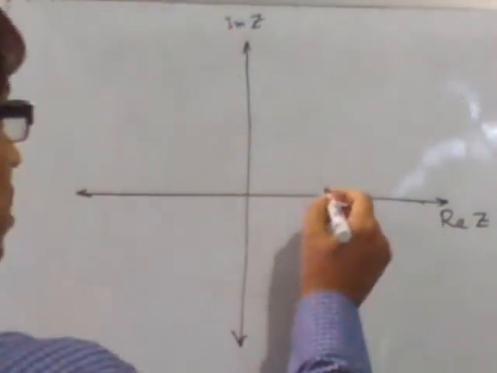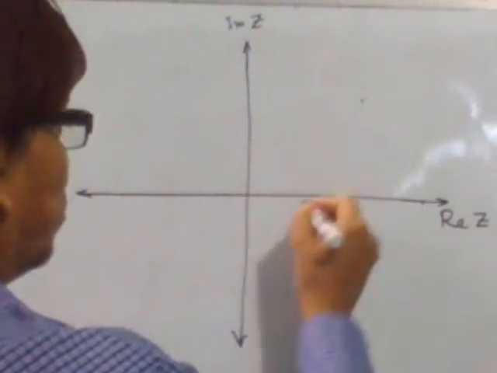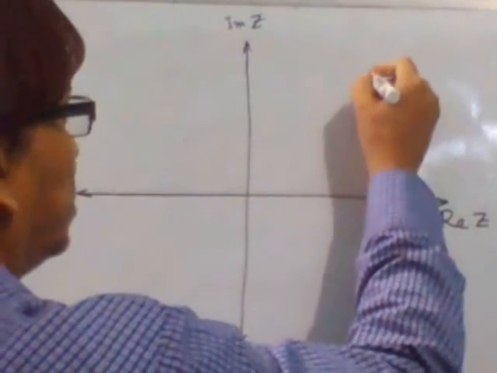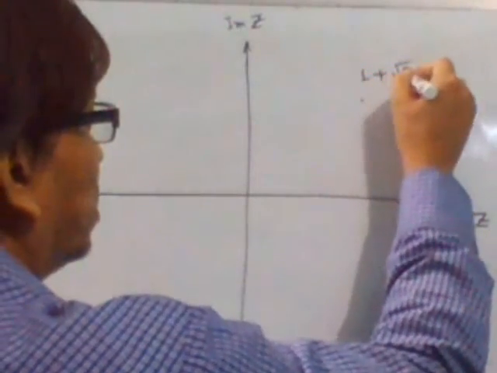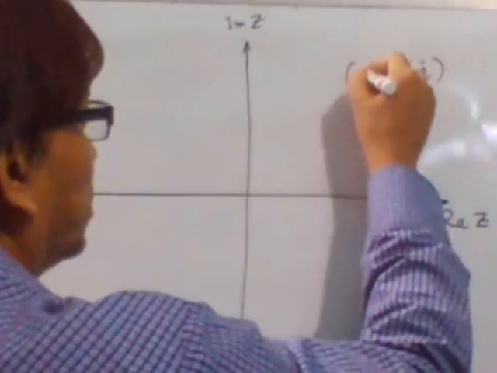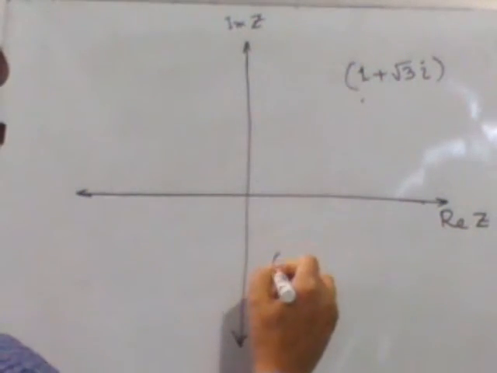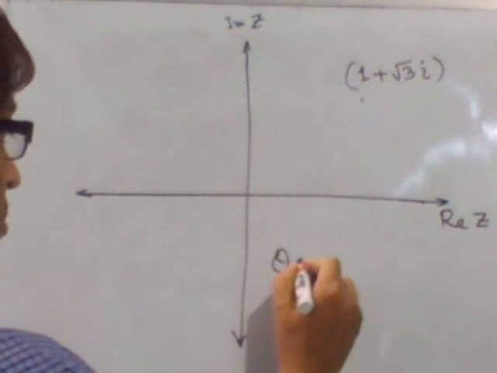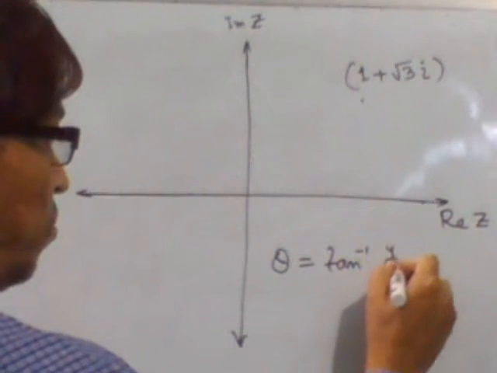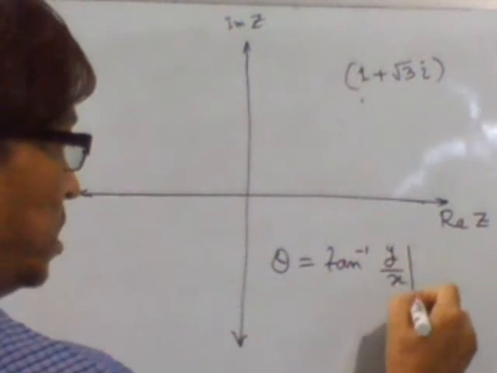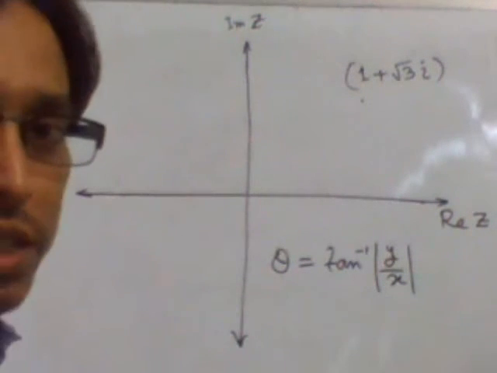Suppose the complex number is in the first quadrant. First we are taking it in the first quadrant. Suppose this complex number is 1 plus root 3 i. So at first you find theta, which will be equal to tan inverse of y by x. Just take the modulus.